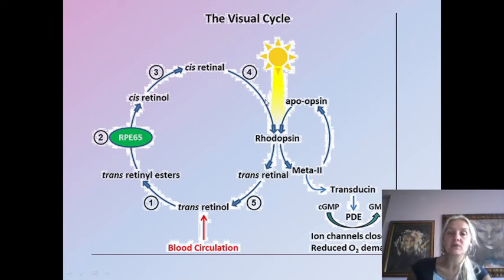So binding of cis-retinal to apoopsin forms rhodopsin, and then in rhodopsin, cis-retinal is converted back to 11-trans-retinal, which causes the degradation of rhodopsin, which actually induces and stimulates the optic nerve and brain vision center, and as a result, we have the visual response of our eye and brain centers. Regeneration of this cycle and regeneration of this pigment occurs in the dark.